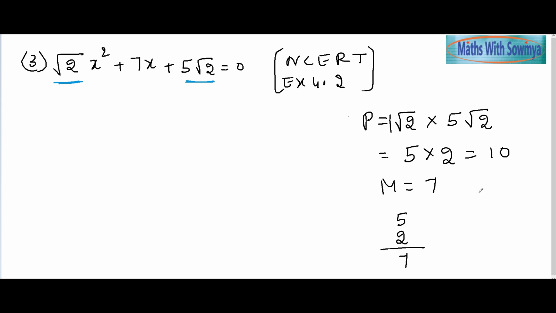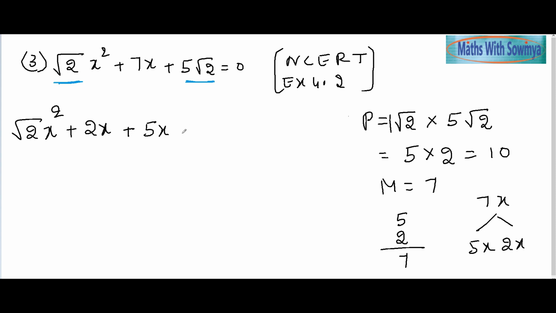I will get 7. Rather, 7x I can split into 5x and 2x. So here take down this root 2x square plus 2x, I write 2x first here, and then 5x plus 5 root 2, which is equal to 0. Here I can take the x common factor, but what about 2?